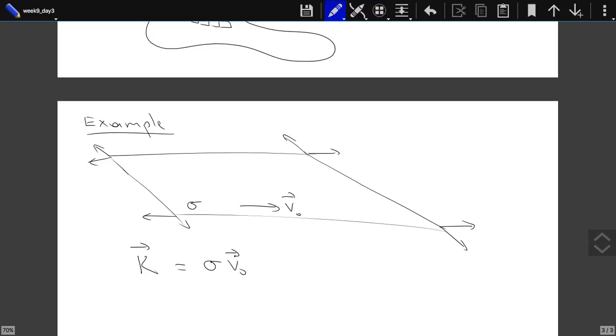So if you imagine a very small line of length dl, then the total current running through that very small length is just k times dl. Of course, assuming k and dl are perpendicular to each other.